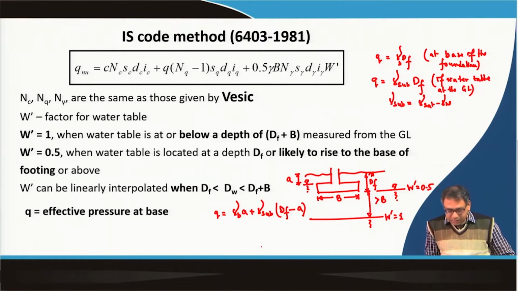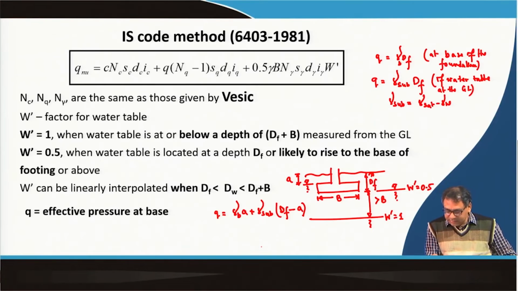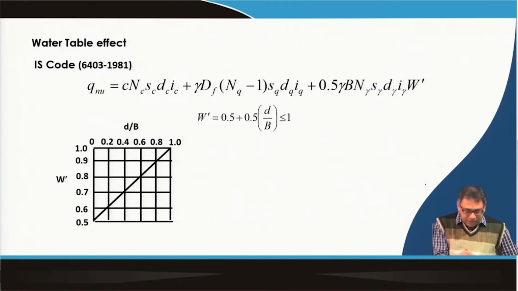Okay. So, now as I mentioned, we have to linearly interpolate the value if the water table is from the base to a depth of B, then we have to linearly interpolate from 1 to 0.5. So, we can use this chart also. Okay.